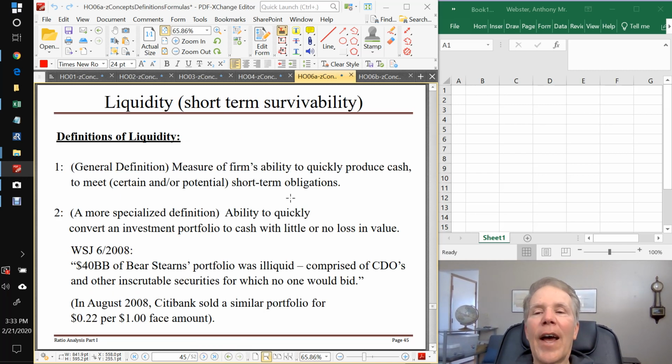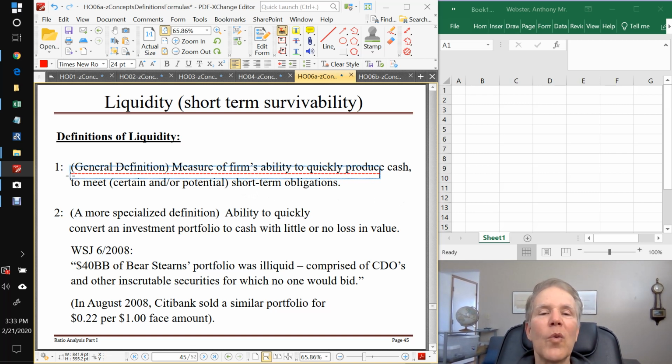Okay, and we had our general important definition of liquidity. It's a measure of a firm's ability to quickly produce cash to meet potential or certain short-term obligations. And we also looked at a more specialized real-world example. One of the 20 biggest banks in the world collapsed in the Great Recession because it was not liquid.